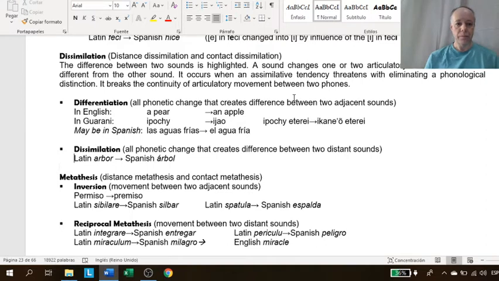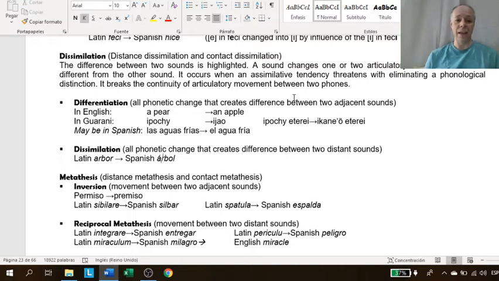Dissimilation. Look at this Latin word "arbor", which means tree. It was pronounced "arbor". But when Latin turned into Spanish, a dissimilation process took place and the first R remained the same, but the second R changed for another liquid sound, "arbol".